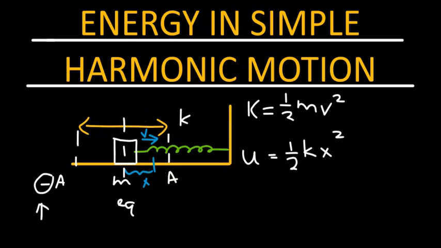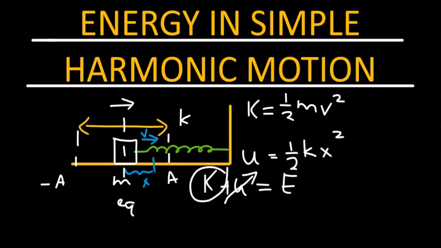Conservation of energy says the sum K plus U has got to remain constant. Let's call that constant capital E, and E refers to the total mechanical energy of the system. When the block moves at the equilibrium position where the stretch is 0, there is no potential energy, but there is kinetic energy, and the kinetic energy at that point is maximum. So we write the maximum kinetic energy equals the total mechanical energy.